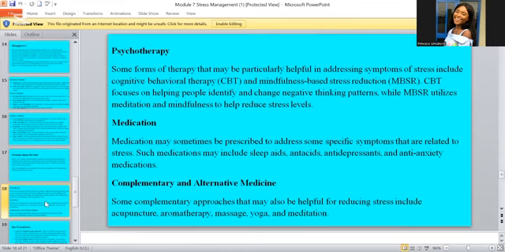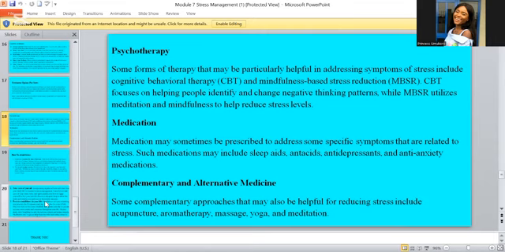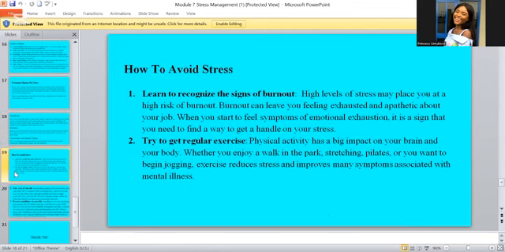Medication may sometimes be prescribed to address some specific symptoms that are related to stress. Such medications may include sleep aids, antacids, antidepressants, and anti-anxiety medications. We have complementary and alternative medicine. Some complementary approaches that may also help for reducing stress include acupuncture, aromatherapy, massage, yoga, and meditation.